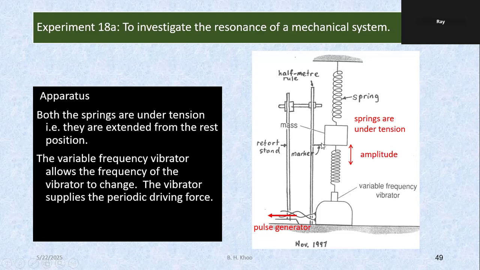The marker can be a pin attached to the bottom of the piece of wood. Then you can study the damping effect on the amplitude, right? By increasing the cardboard, you increase the amount of damping. Okay.